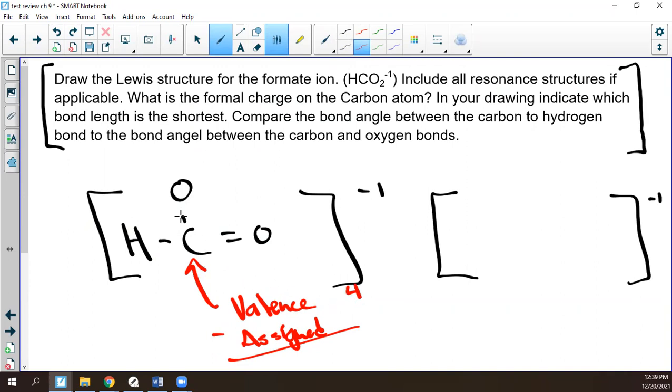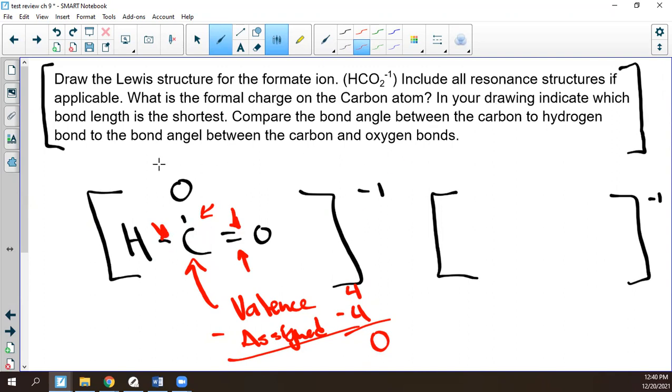How many is it assigned? So it has 8 bonding electrons, right? You take half of that number. So it's 4. So what's the formal charge on this carbon? 0. That's all you would have to do.